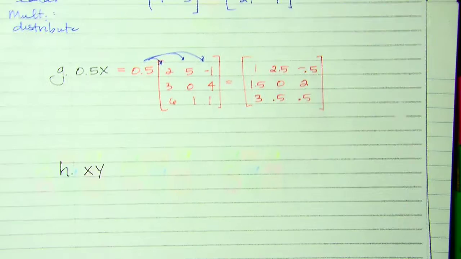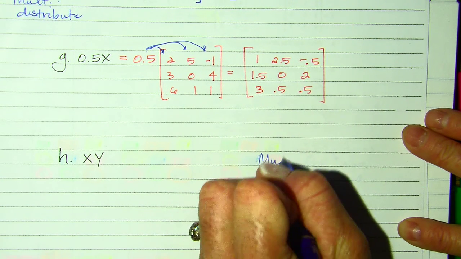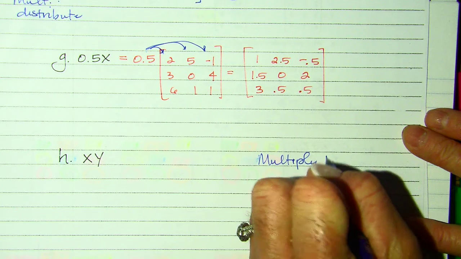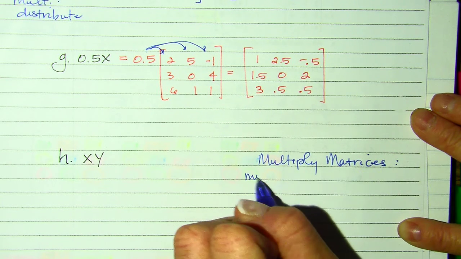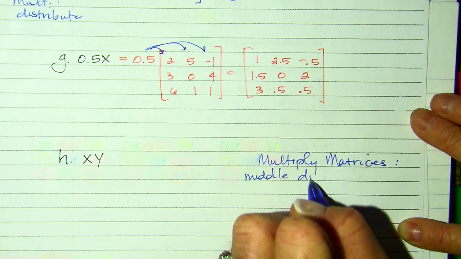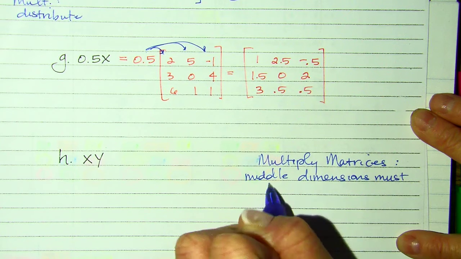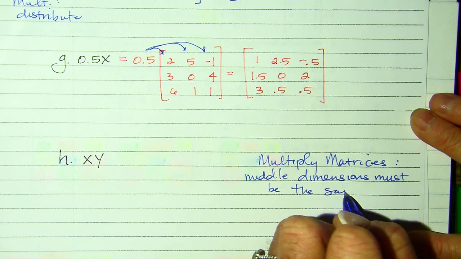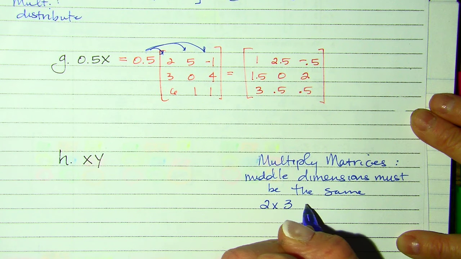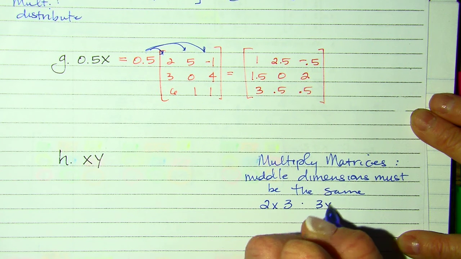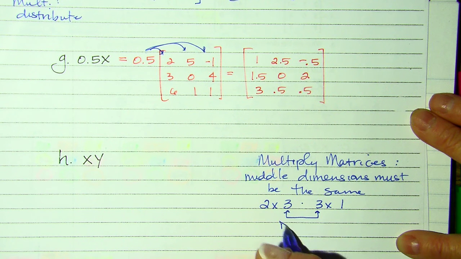Now last, in order to multiply matrices, the middle dimensions must be the same. So if I have a 2 by 3 and I multiply that by a 3 by 1, if the two middle numbers are the same, then it is defined.